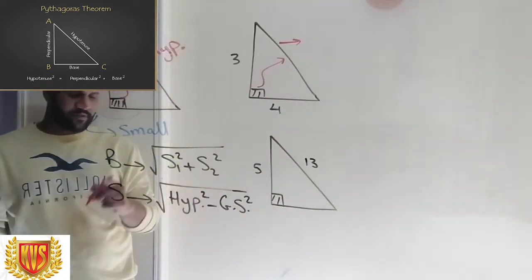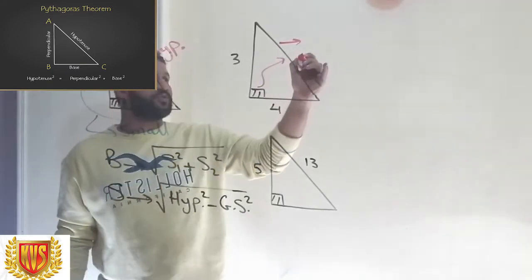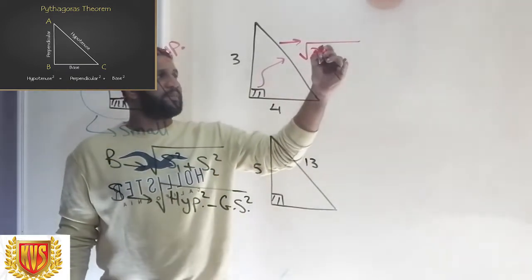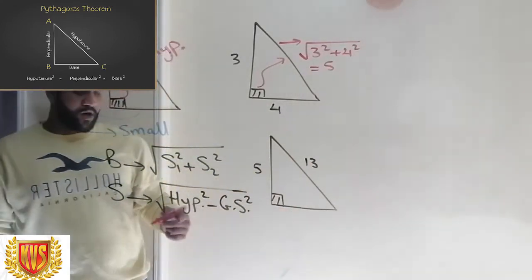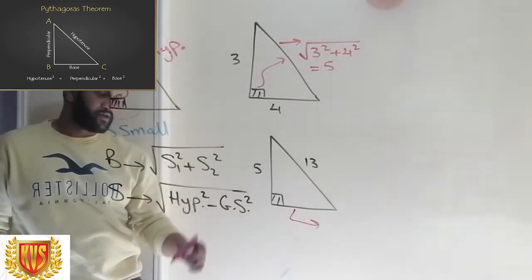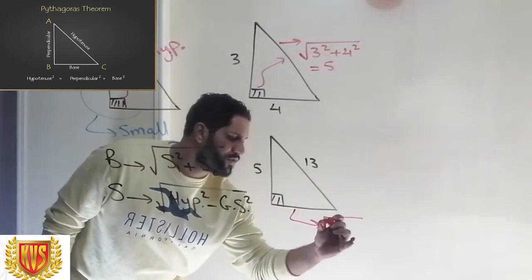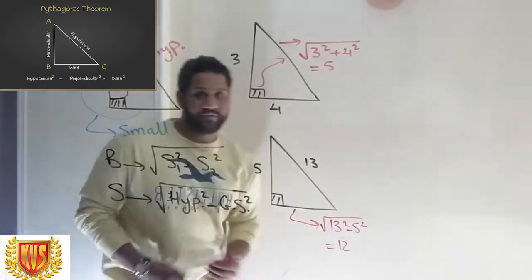As I told you, the biggest is the square root of adding the two sides to the power of 2. So it's the square root of 3 power 2 plus 4 power 2, which is 5. And I told you here to get the small side by the square root of 13 power 2 minus 5 power 2, which is 12.